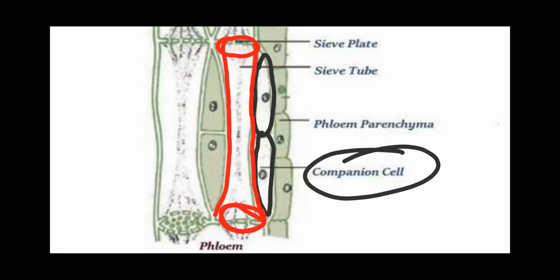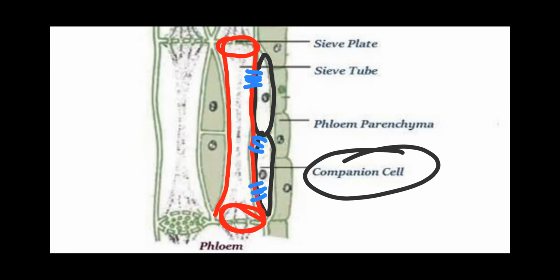Now, in these lateral walls, they have specialized areas known as pit fields, where pits, the openings in the cell walls, present from both sides are parallelly arranged.